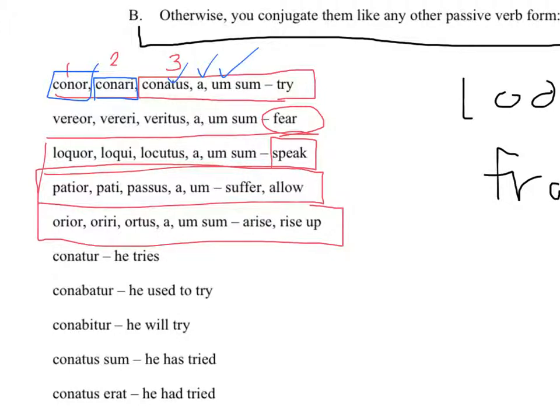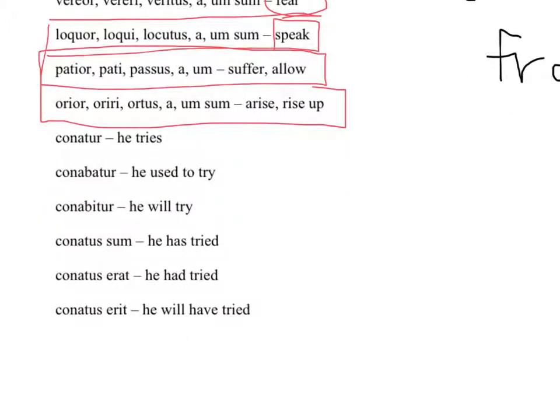So look at a synopsis of the verb conor. The first form is the indicative present, and that's the third person singular, that looks like it's an indicative present passive. And yet you translate it as he tries. Not in the passive voice, even though it looks and is spelled and is pronounced as if it were the passive form.